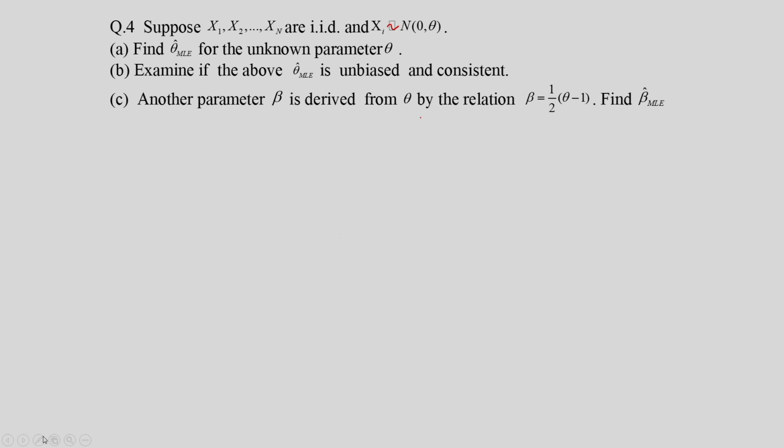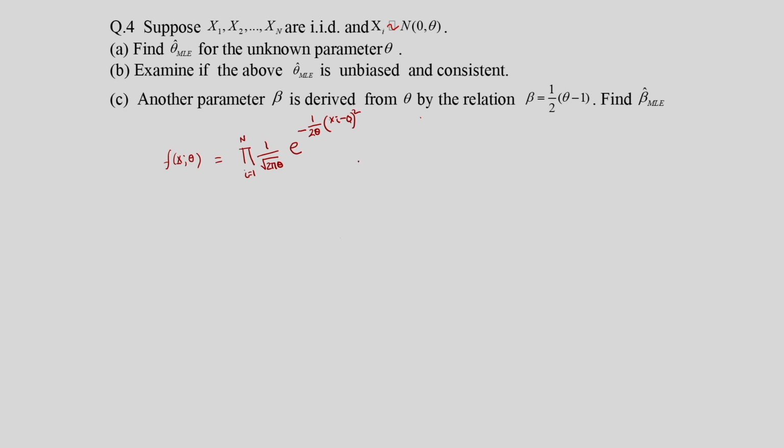So, here the joint density function is given by f of x, this is a vector, as a function of the unknown parameter theta, is equal to, because it is IID, the product of the individual PDFs, product i going from 1 to n, and its density is 1 by root over 2 pi theta into e to the power minus 1 by 2 theta into (xi minus 0) whole square, because the mean is 0.